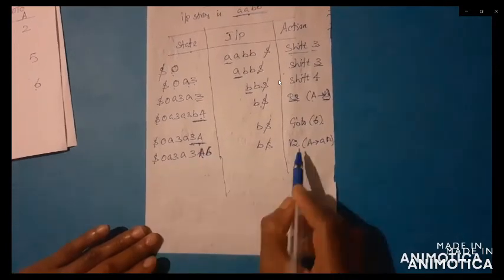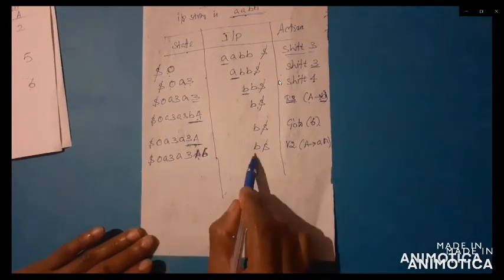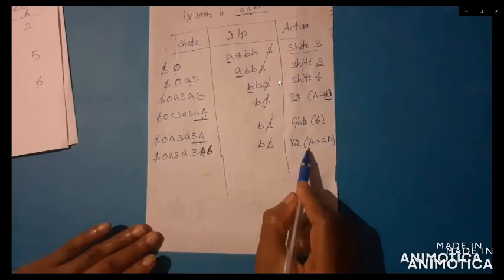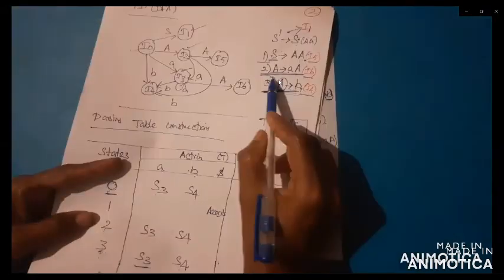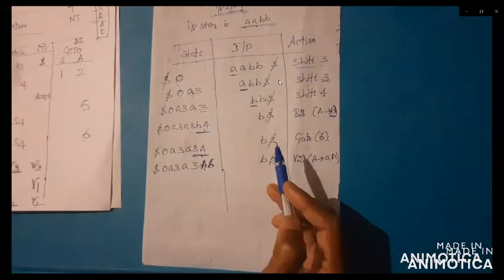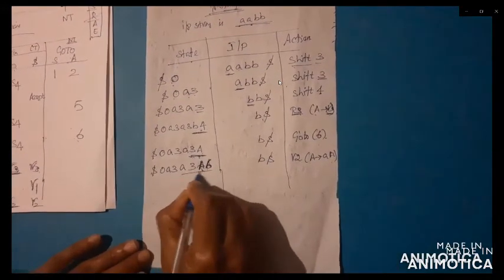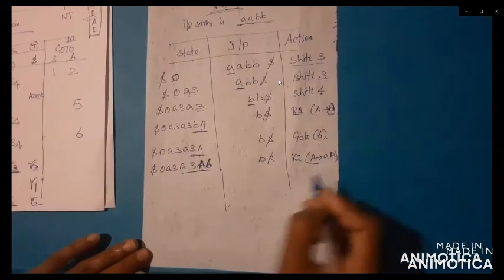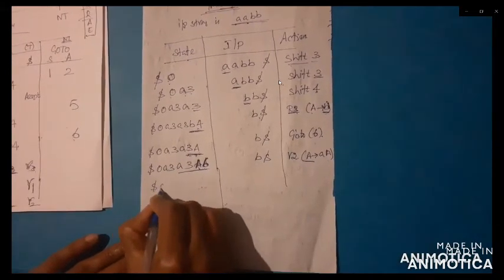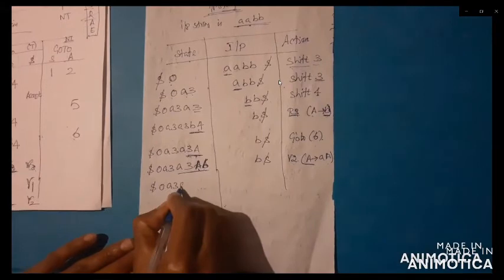So here 6B can be changed to R2. R2 is the second grammar. The second grammar is A tends to aA. So A tends to aA means up to aA you have to change for the grammar A. So $0A3A.